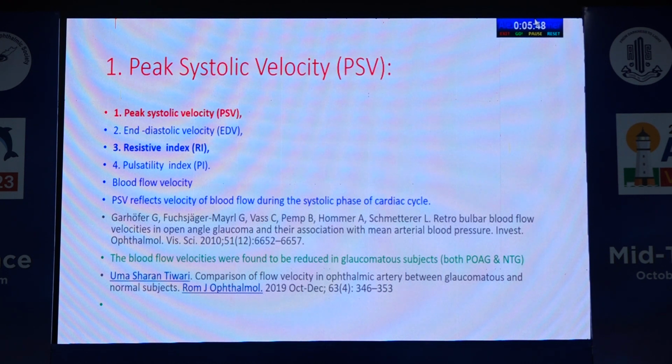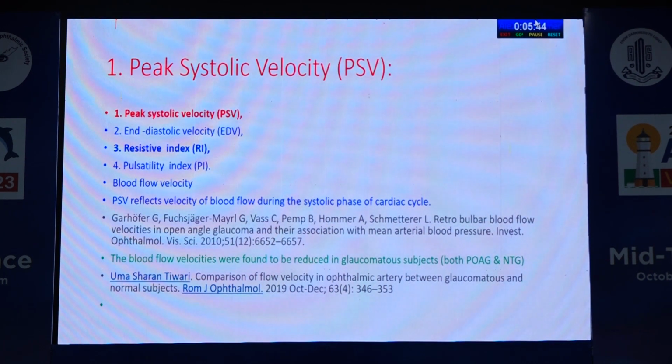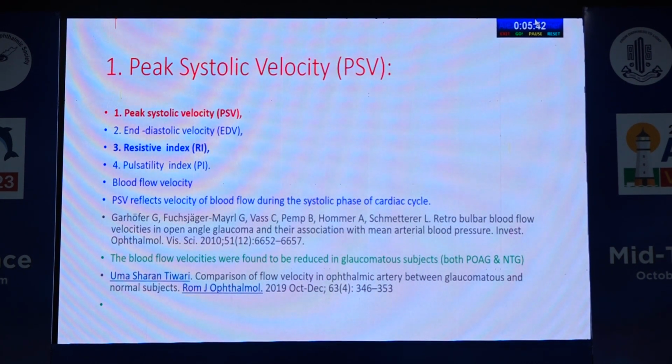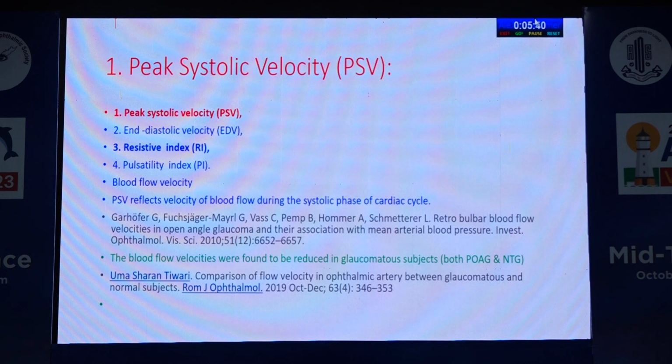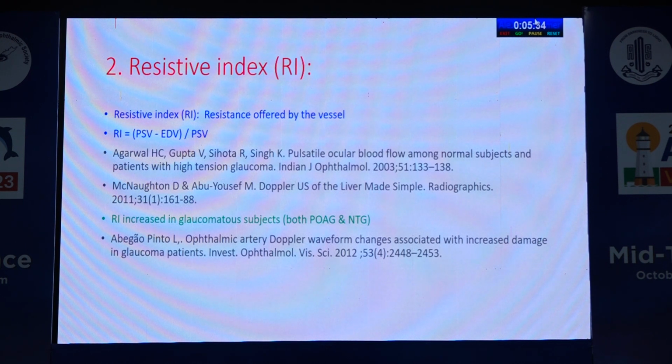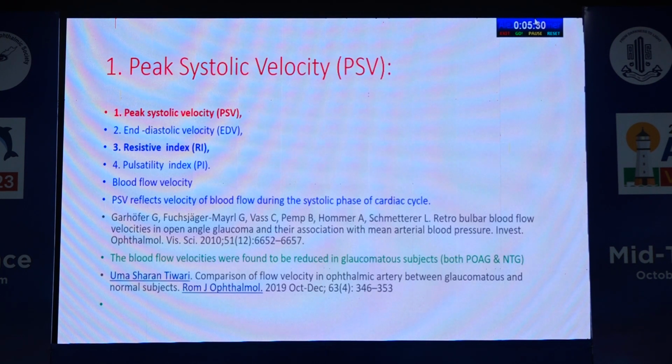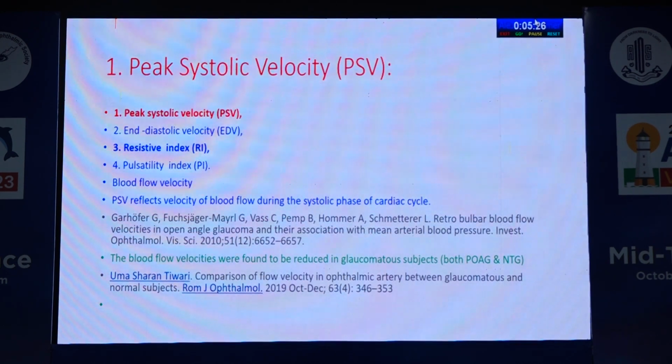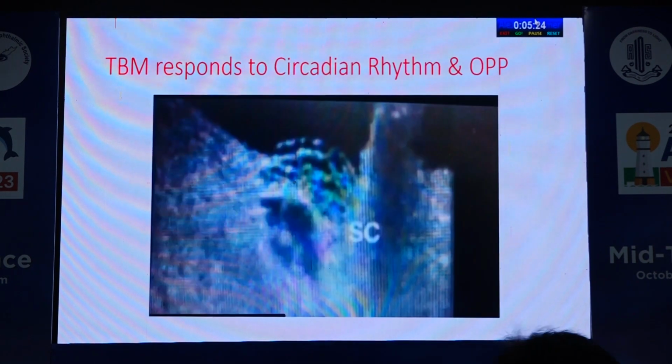The peak systolic velocity, end diastolic velocity, resistive index, pulsatility index, and blood flow velocity. Among these, we focused on the peak systolic velocity and resistive index in our study. The resistive index gives the resistance of the blood vessel, whereas the peak velocity reflects the volume given by the blood flow.